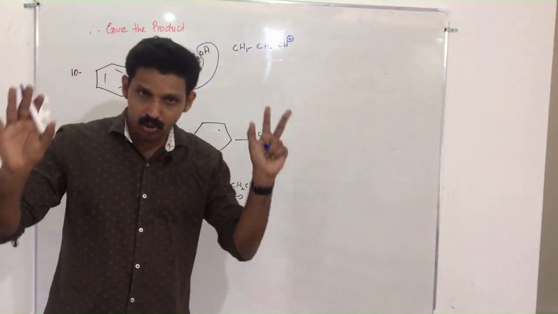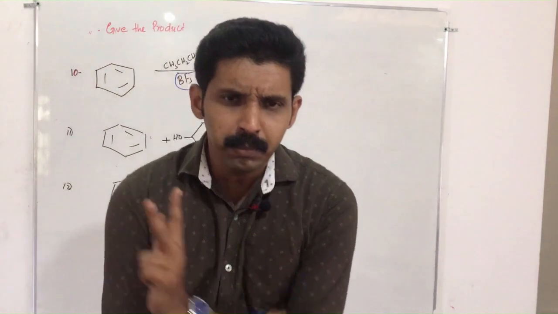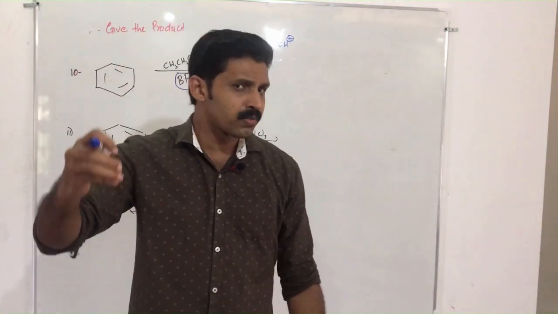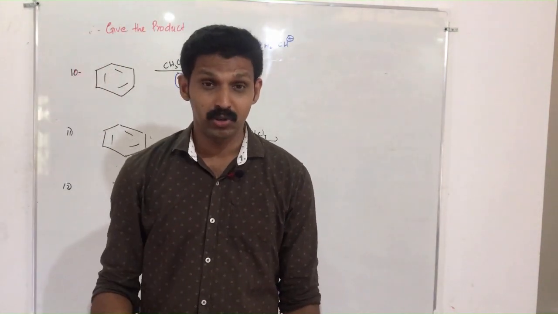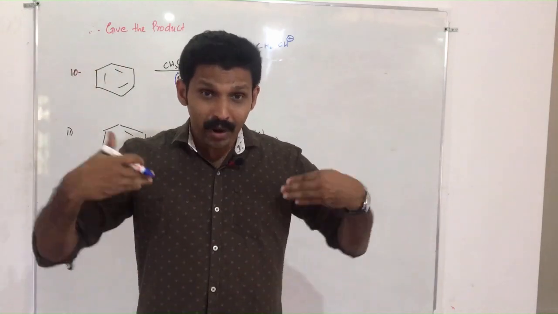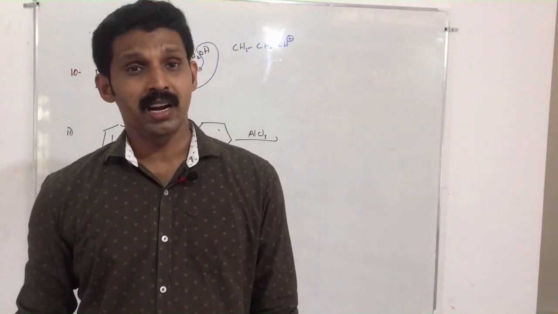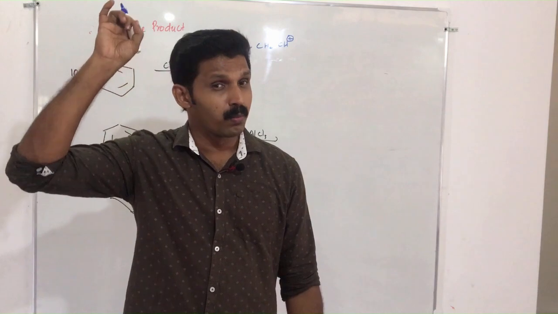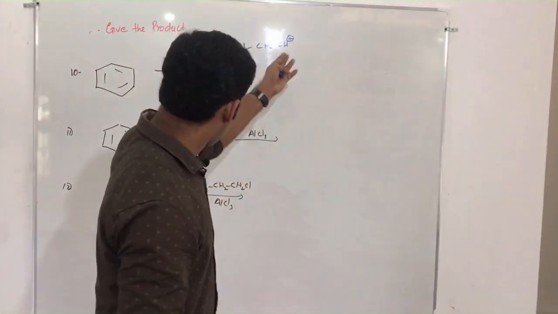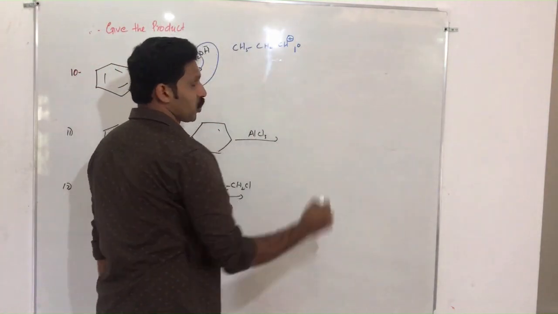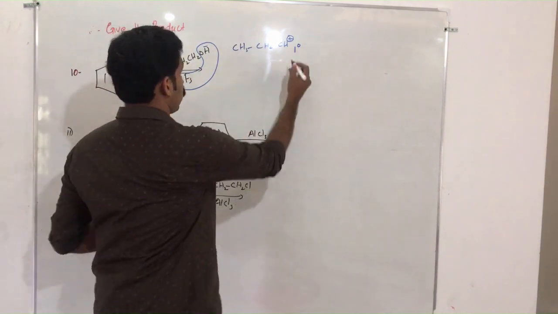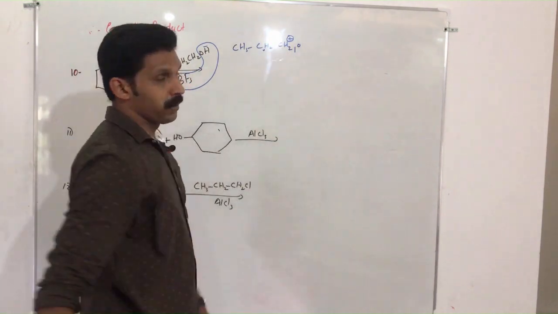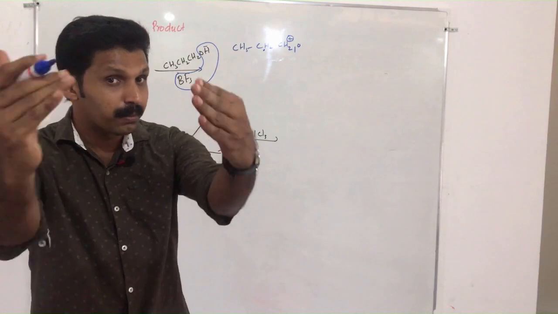I have told you that in any chemical reaction that involves the formation of a carbocation, you have to consider whether that carbocation can undergo rearrangement to form a more stable carbocation. Here it is a primary carbocation, because this carbon is attached to only one carbon, but there is a possibility of rearrangement.